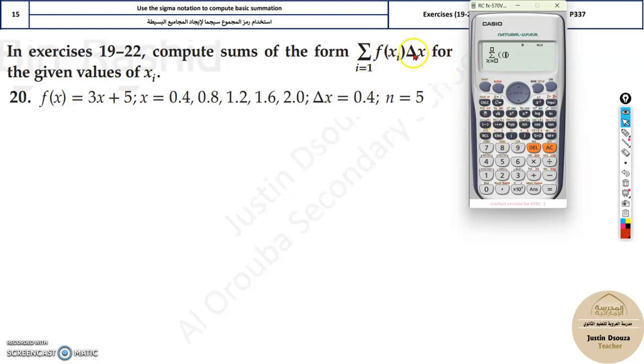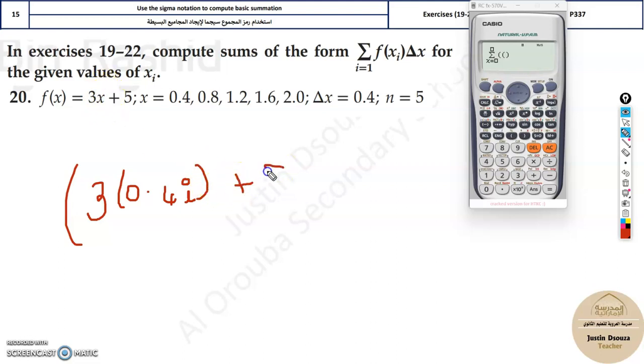Always open the bracket because at the end you have to multiply delta x. So brackets are very important. Then 3. You don't write x. What is xi? That is 0.4 i. No, it's just that much. Sorry, I thought it was squared. Now, what next? Plus 5.